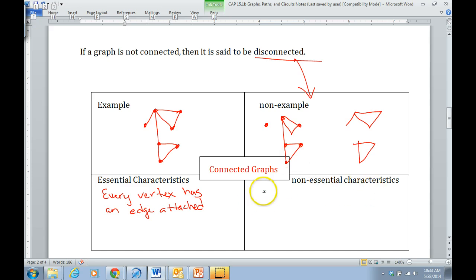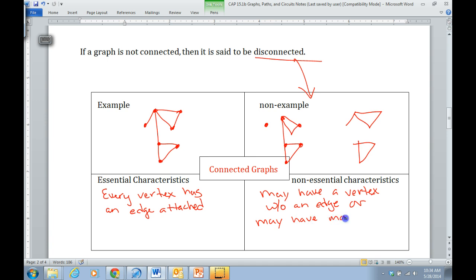Non-essential characteristics may have a vertex without an edge, or may have more than one component not connected.